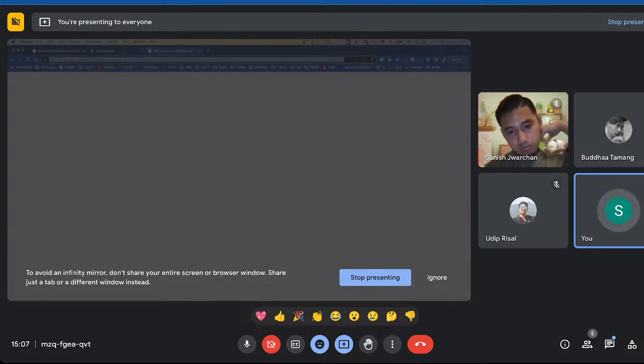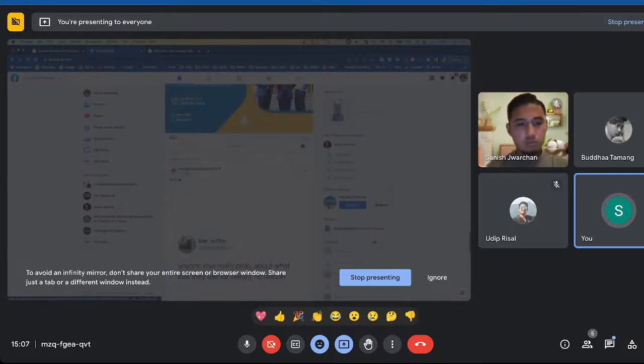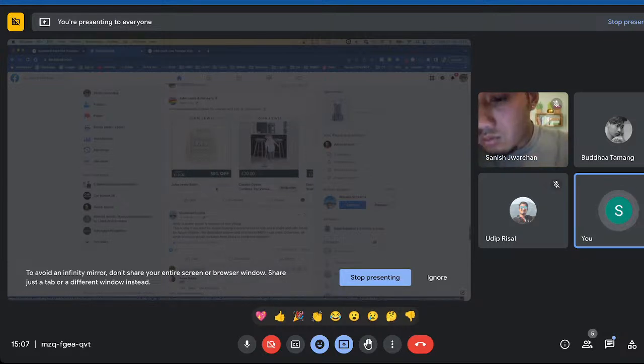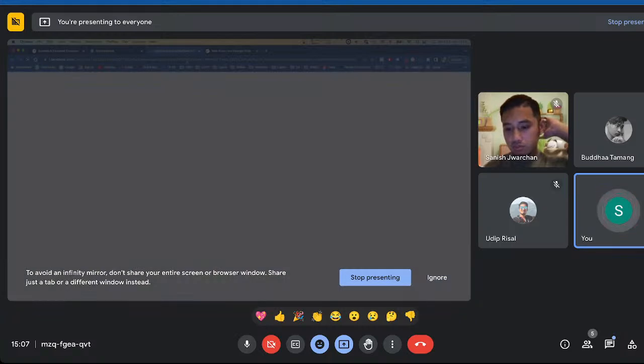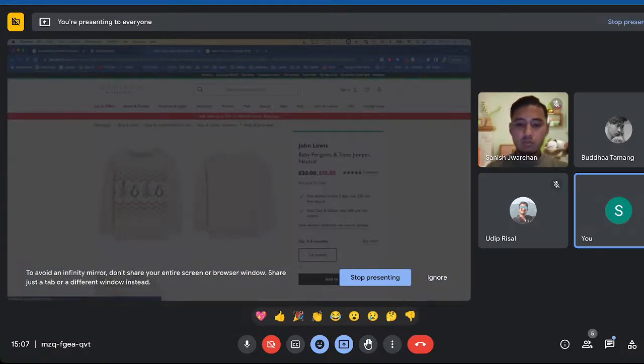So let's go for another example, see if we can find anything better. Scroll down. John Lewis. So let's say shop now. Are they using UTMs? Not really, they're not using UTMs here.